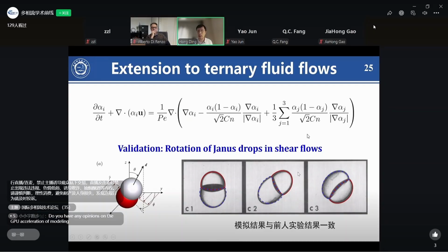When you apply the shear flow to it, at the most elongated case, we have these figures here where the numerical solutions are superimposed on the experimental ones. At the most compressed case, we also have quite good agreement here.